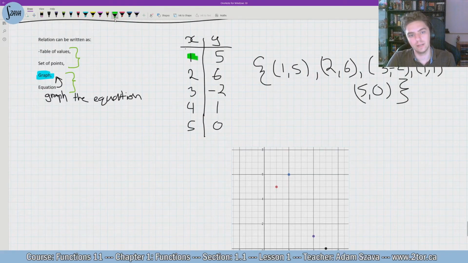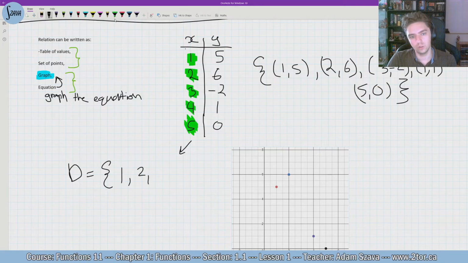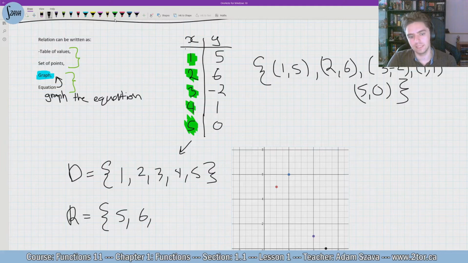The domain are all the possible independent values, all the possible x values. So the domain is a set. The set contains 1, 2, 3, 4, and 5, right? The range is also a set. It contains 5, 6, -2, 1, and 0.